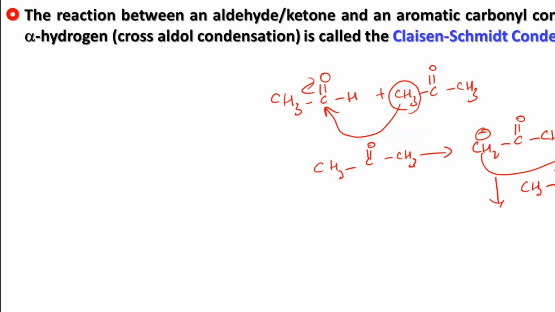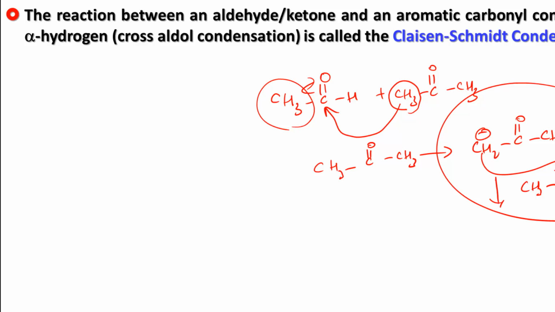Now we know that the aldehyde's alpha H is more acidic, as well as the carbon being more electrophilic. But the rate determining step, the slow step of the aldol reaction, is this step, the step in which the carbon anion attacks the carbonyl carbon. So this is the rate determining step, and therefore this is the most important step here.